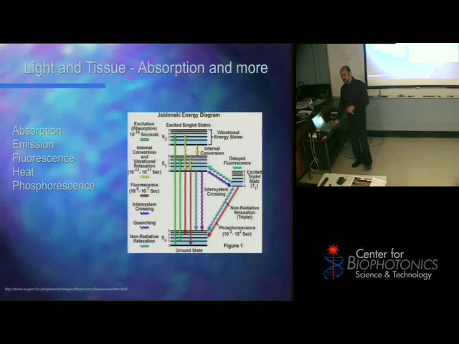Questions about that? So is it possible to have, if I have a set of molecules inside living tissue and I shine light and that light is absorbed, could I have fluorescence and phosphorescence happening? And heating? Is that possible or is that impossible?